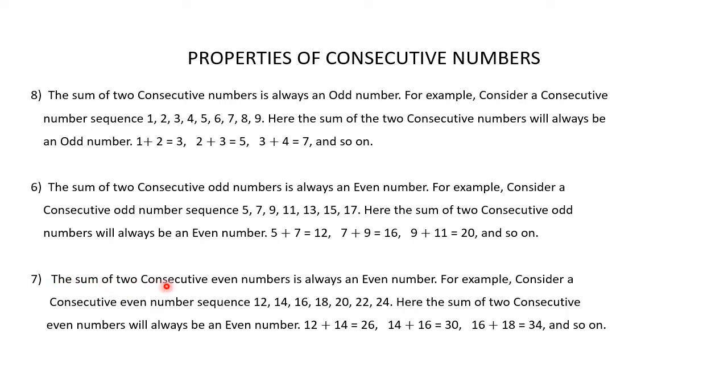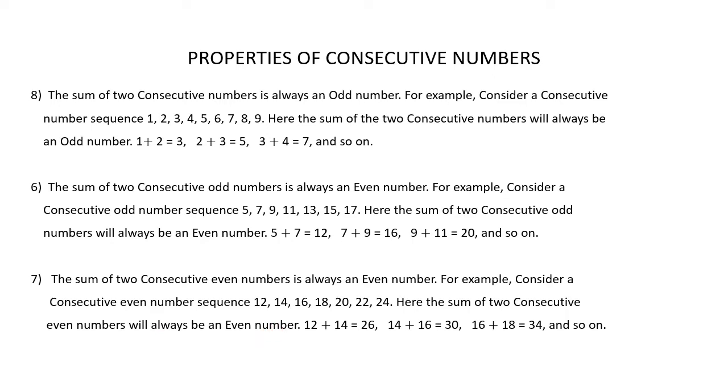The sum of two consecutive even numbers is always an even number. For example, consider a consecutive even number sequence 12, 14, 16, 18, 20, 22, 24. Here, the sum of two consecutive even numbers will always be an even number.